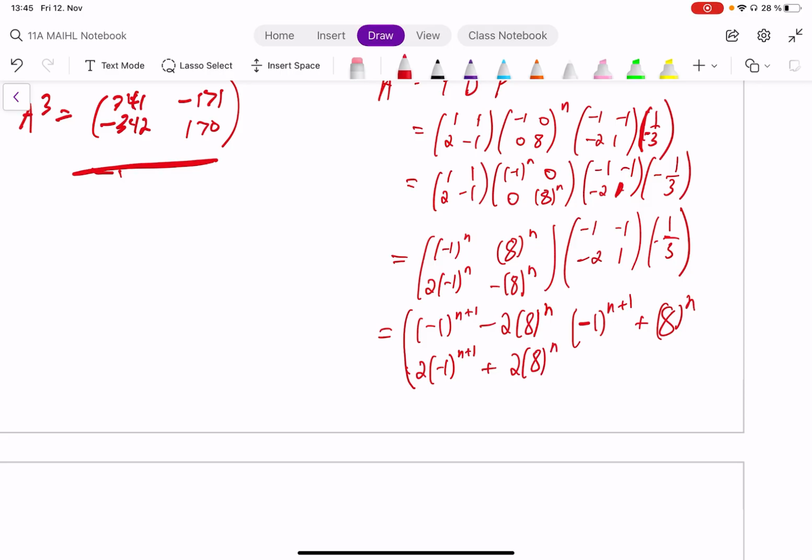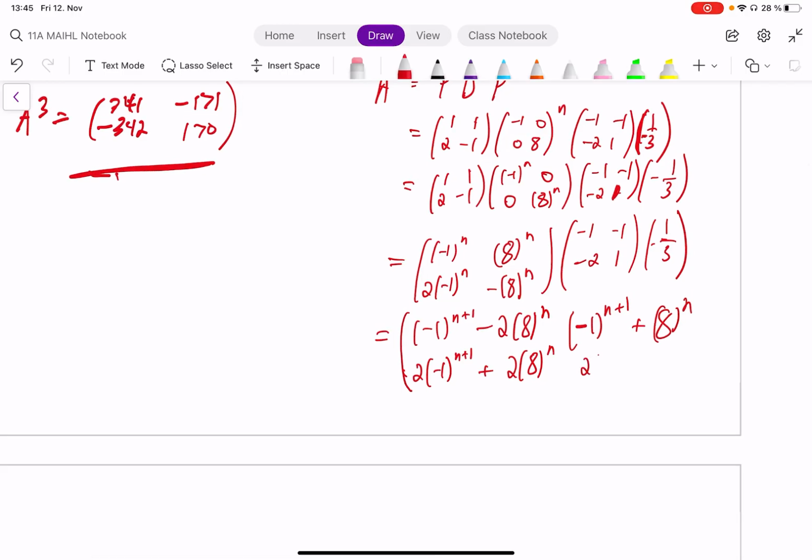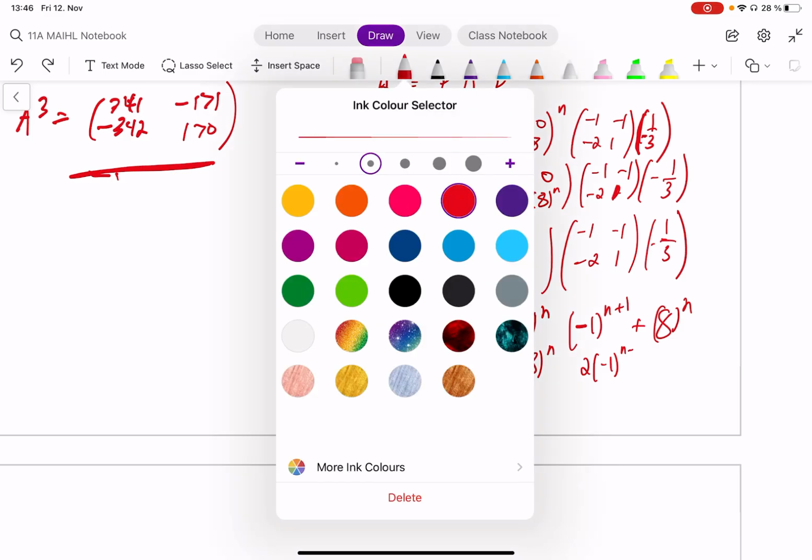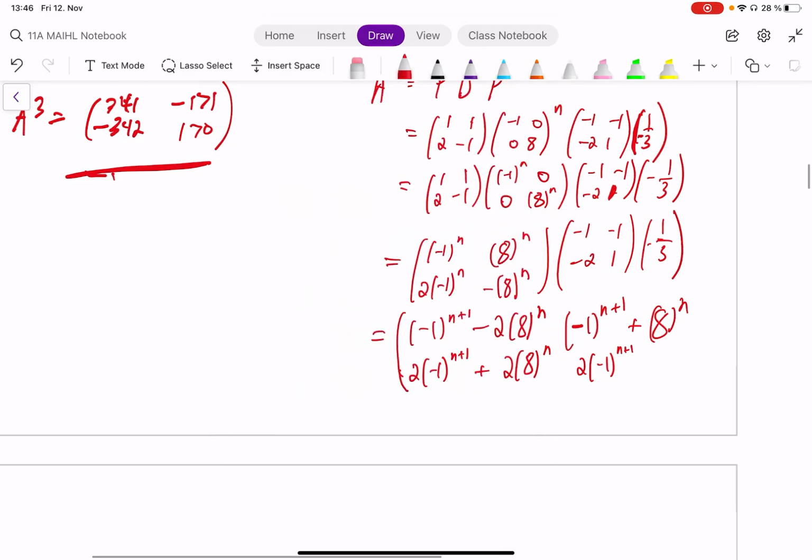And then my last entry, row 2, column 2, will be 2 times negative 1 to the n plus 1, because it's this times this, right? And so negative 1 to the n plus 1. And then it's going to be a minus this time, minus 8 to the n. And that still times our negative 1/3.